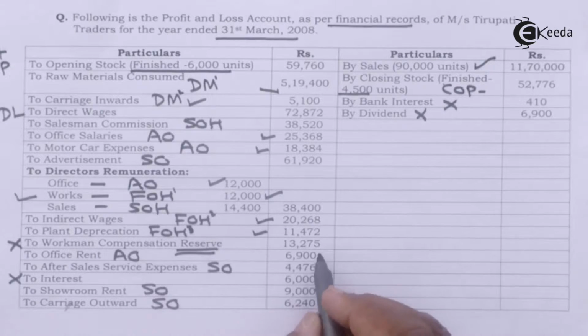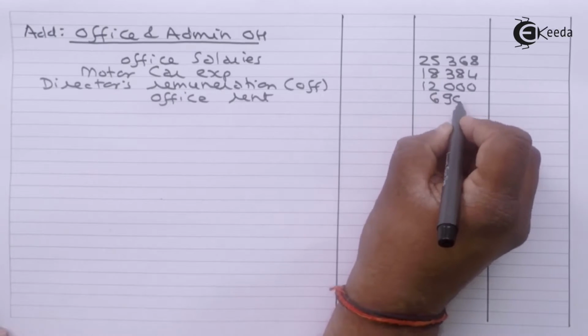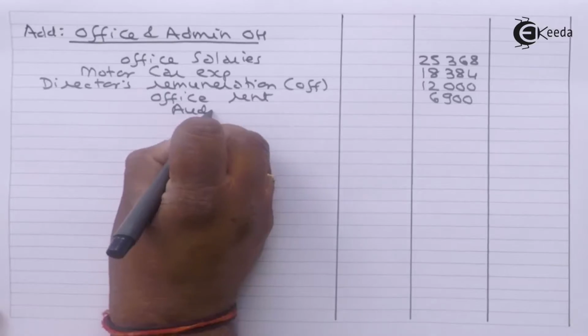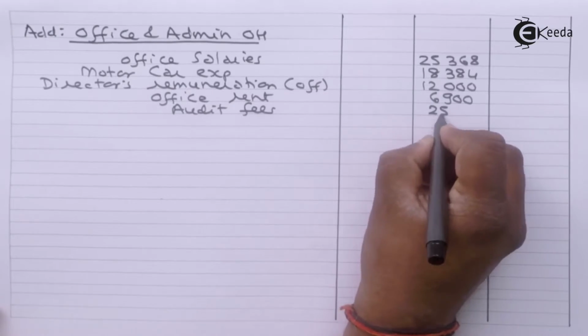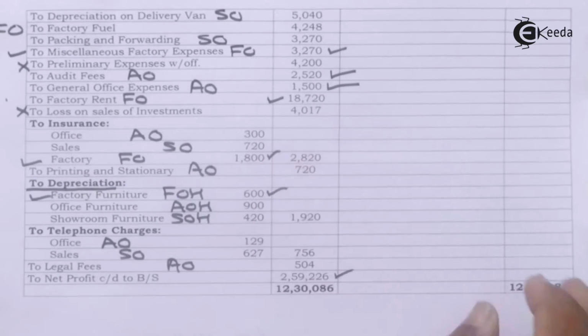Office rent 6,900. Audit fees 2,520. General office expenses 1,500.